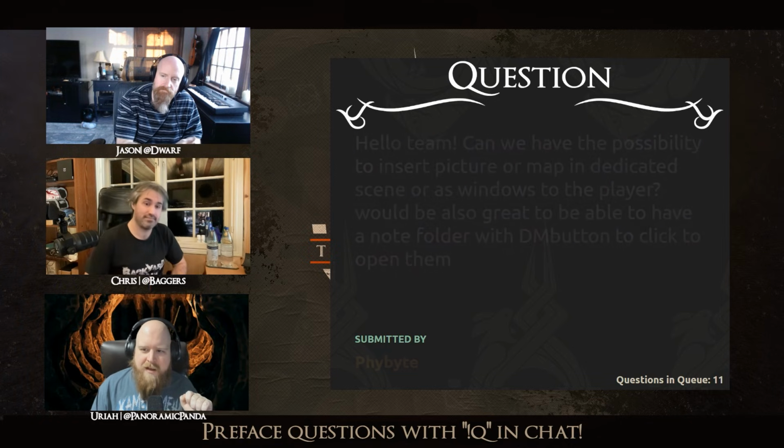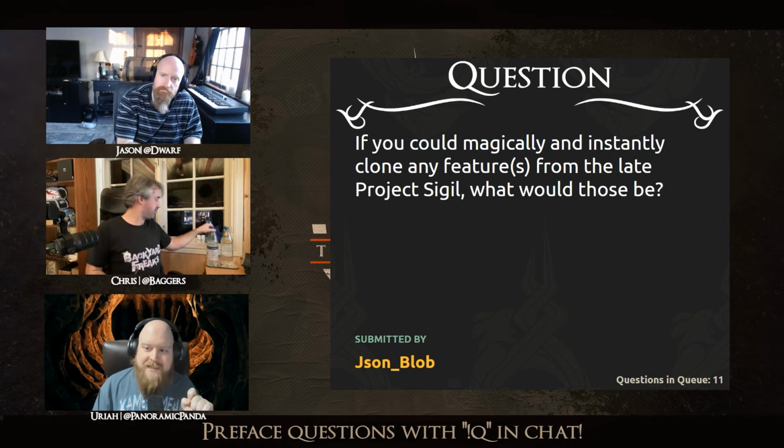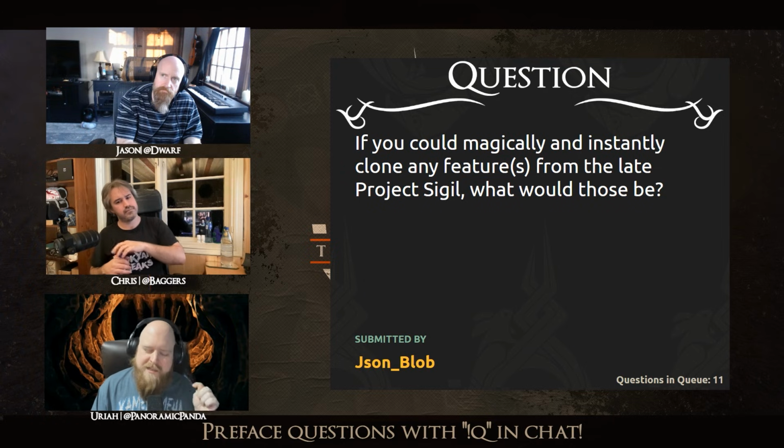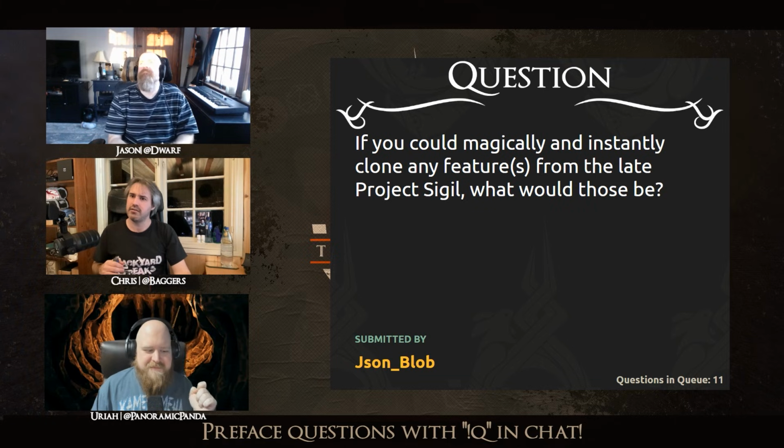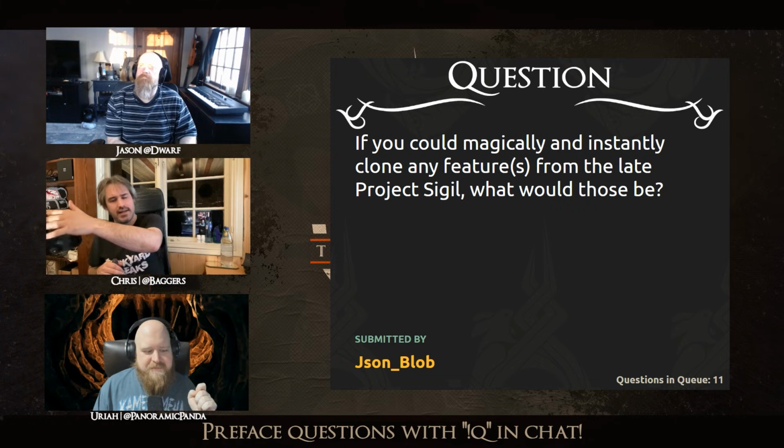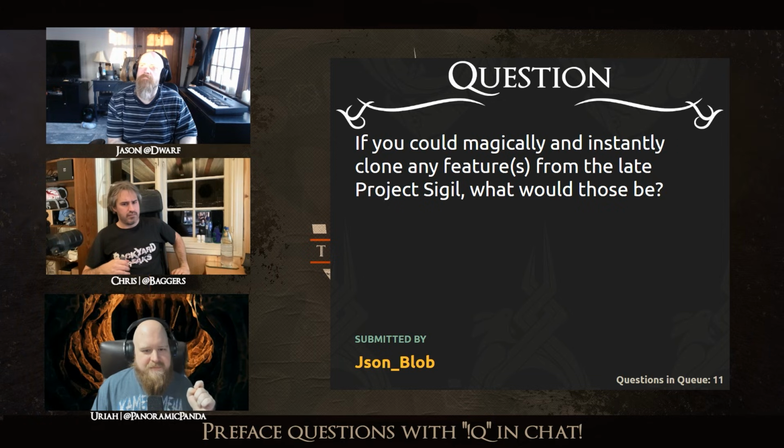Okay. Jason Blob asks, if you could magically and instantly clone any features from the late project Sigil, what would those be? The only thing I don't have a strict way to do right now is the physics engine that we build on from Unity.